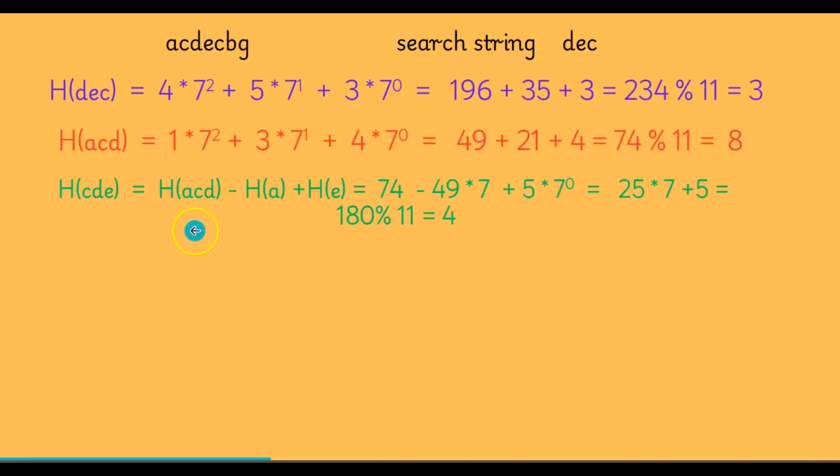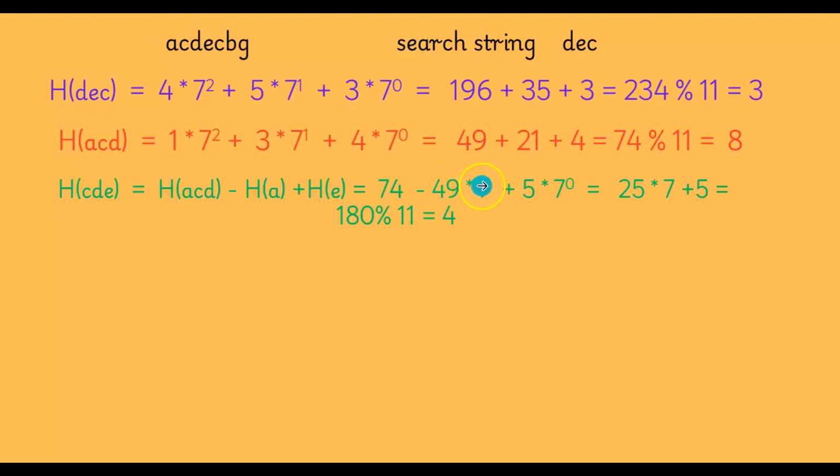Use the hash value of ACD and subtract the hash value of A, because A has to be removed as we want to calculate for CDE. So from the ACD value, remove the value of A and add the hash value of E. So this value is 74 minus the hash value of A, 49, and multiply by 7.